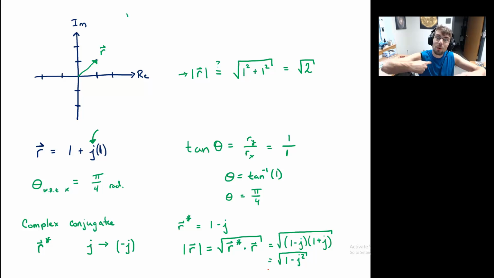So that's how that whole process works. You take the complex conjugate and multiply it, and you will always end up with a real number at the end. If you don't end up with a real number after taking the complex conjugate and multiplying the two quantities, something has gone terribly wrong for you.